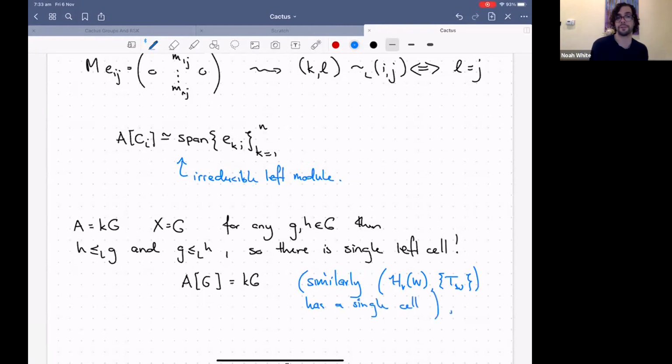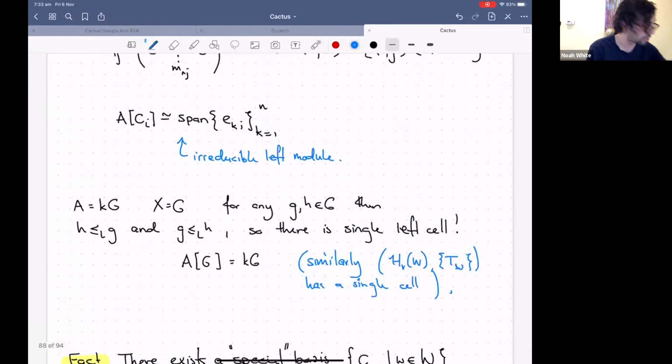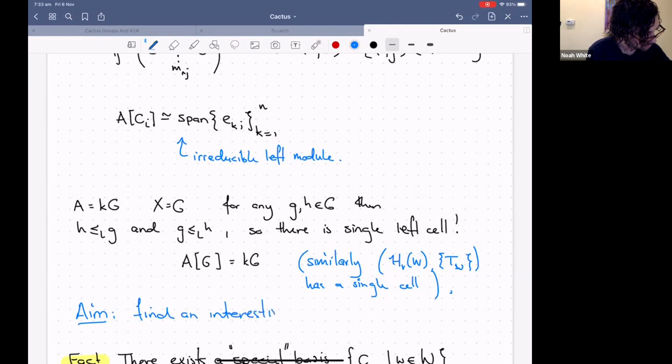So no interesting representations are produced by this process. And so the aim is to find an interesting basis, so that these cell modules actually are new representations and hopefully close to irreducible.